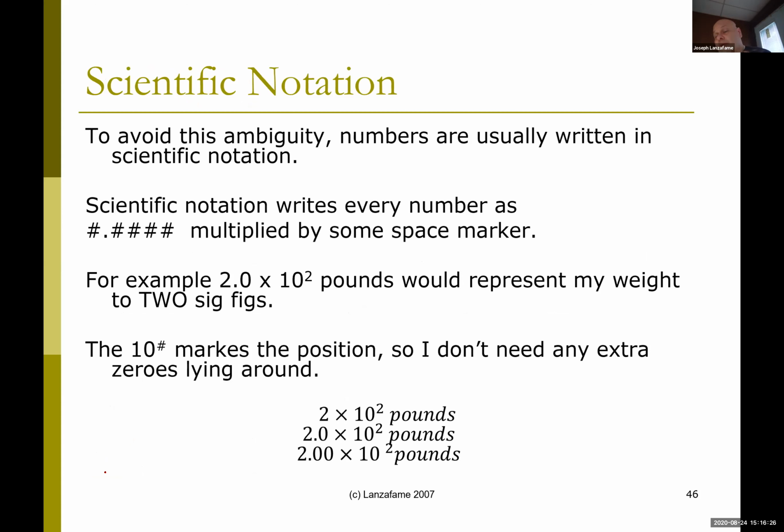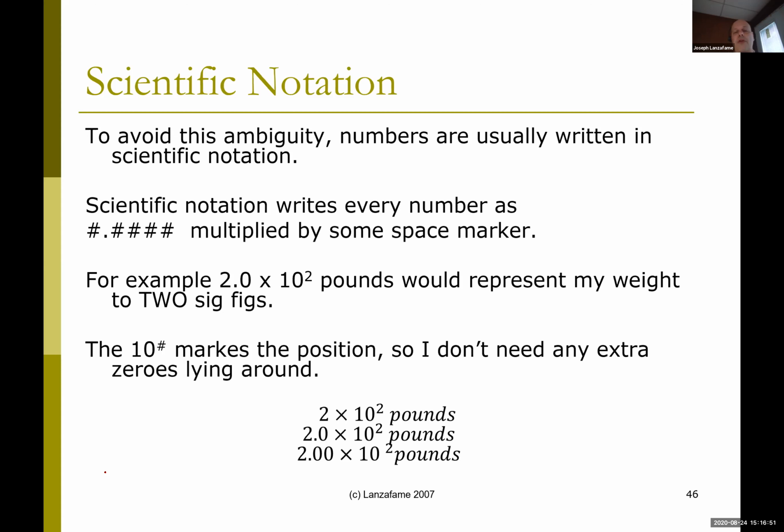That can be true if it's a really, really big number with a lot of zeros or a really, really small number with a lot of decimal places, but a lot of times it's actually longer to write the number that way. The real power of scientific notation is that it does not require me to write any numbers that are not significant. Scientific notation always has the same format.